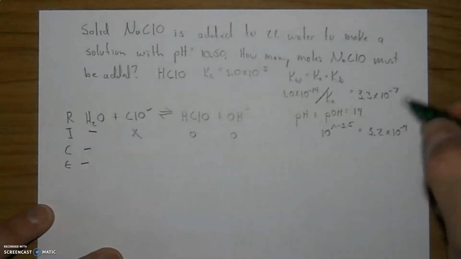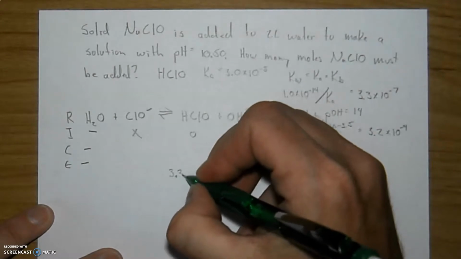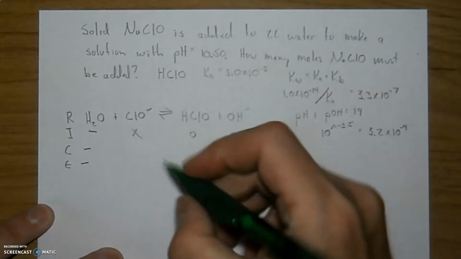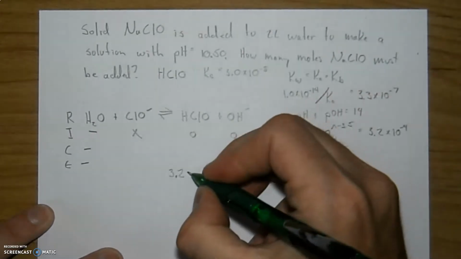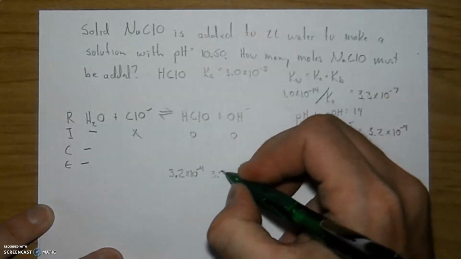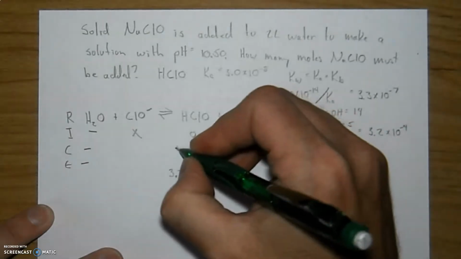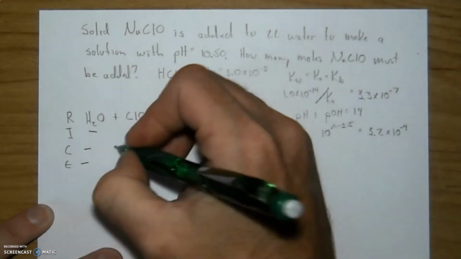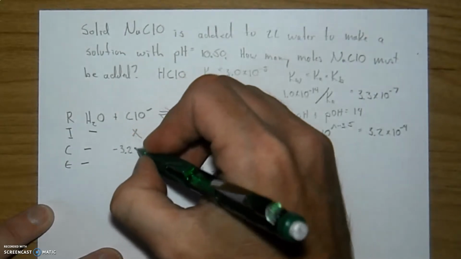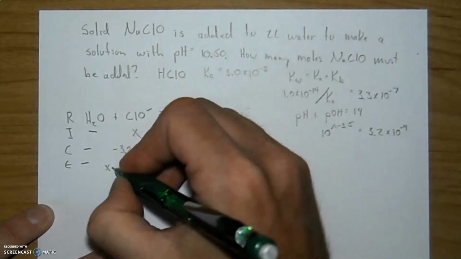Having that value, I can put that in down here for both of these because they ionize equally. 3.2, 3.2, and of course that was an additive value. Over here it is subtracted, which looks a little bit interesting.